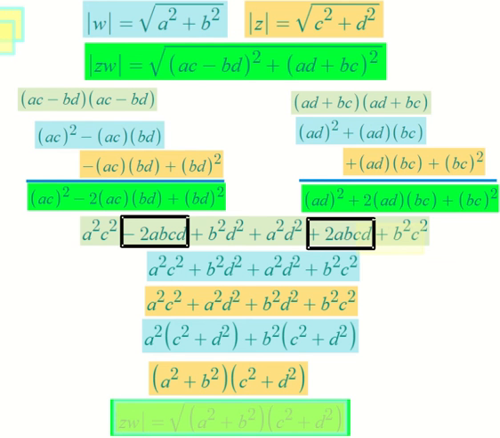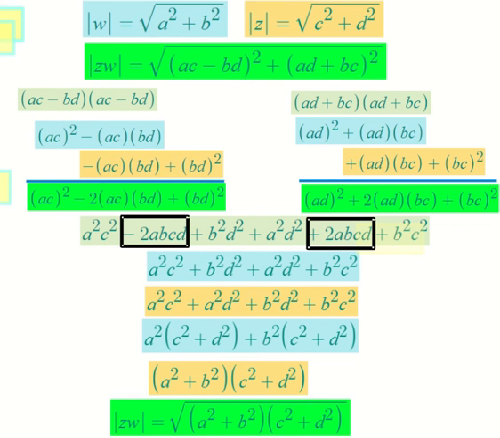So I'm going to put all this under my radical. And the length of vector zw is actually the square root of (a squared plus b squared) times (c squared plus d squared). And what that really tells me, and here's the power, is that the length of zw is actually the modulus of w times the modulus of z.